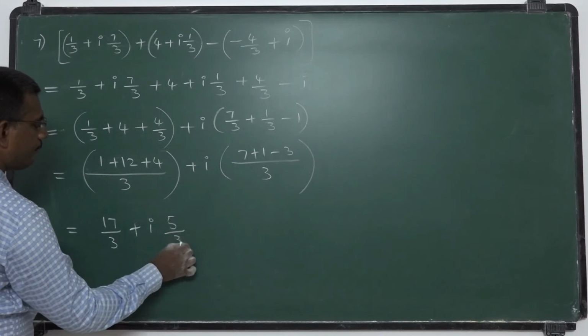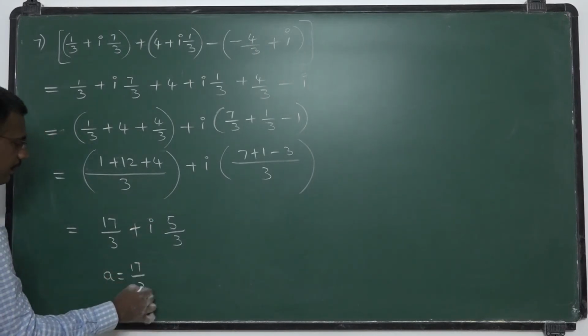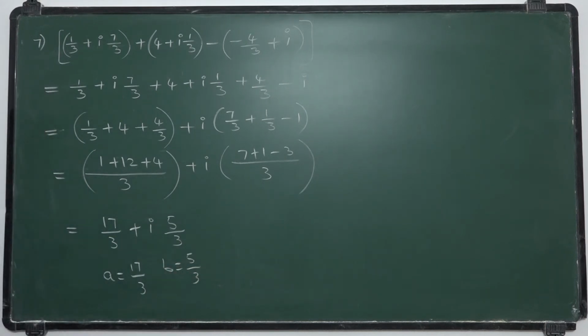So this is in the form of a plus ib. So here a equal to 17 by 3 and b equal to 5 by 3. Okay, next problem number 8.